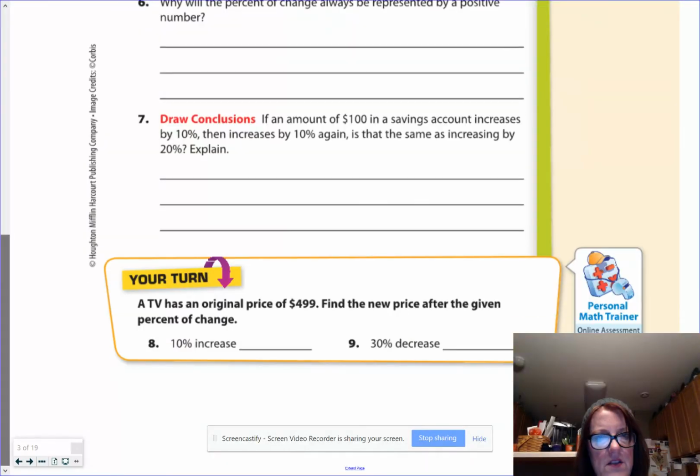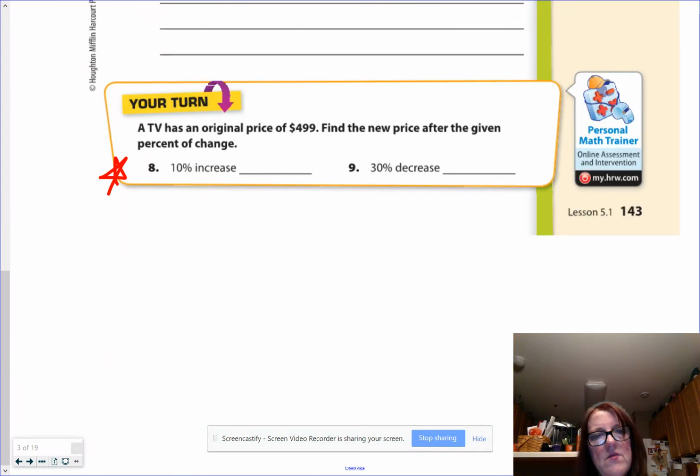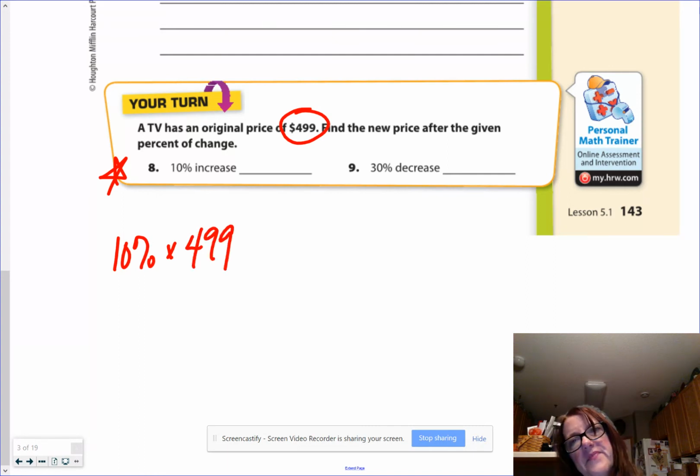All right, so let's just take a look at these two down here so I make sure you got these ones. A 10% increase from a TV that was originally $499. So let's take 10% times $499. Okay, grab your calculator, do that one. 49.9.